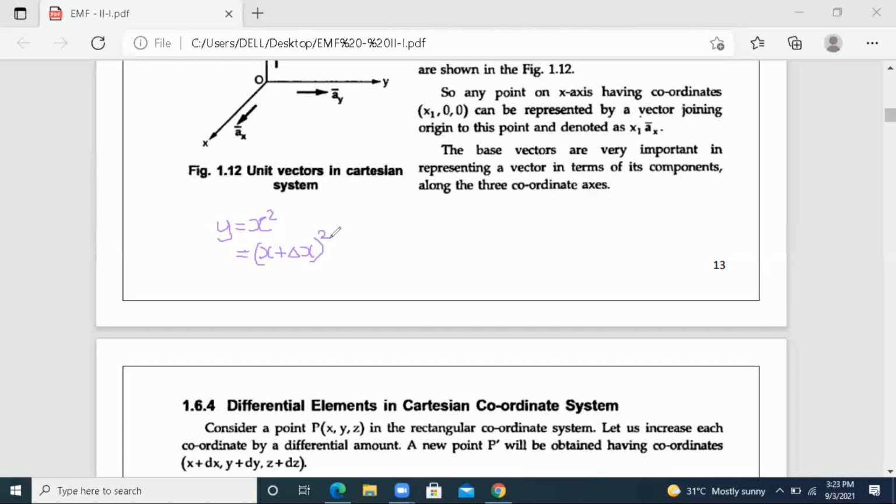Like I said, if x was 2 on that graph that this function gives me, if I change x by delta x, y plus delta y would be x plus delta x squared.